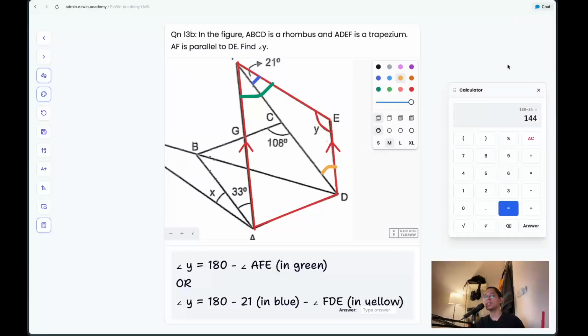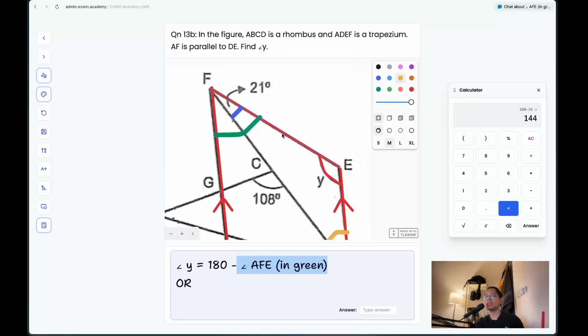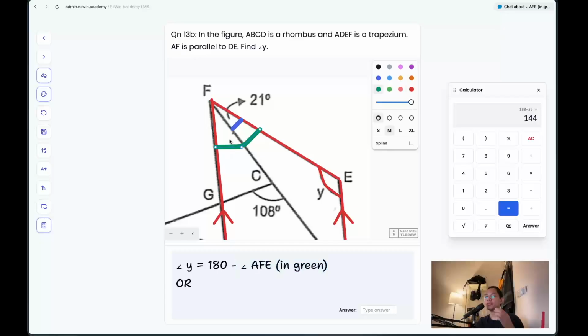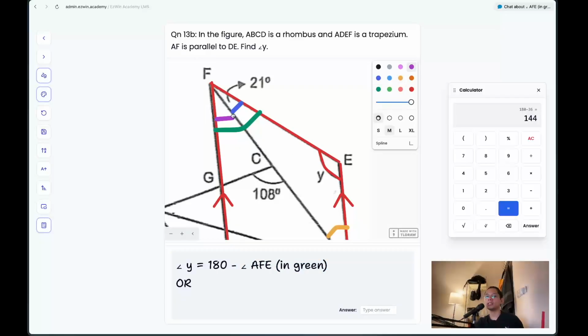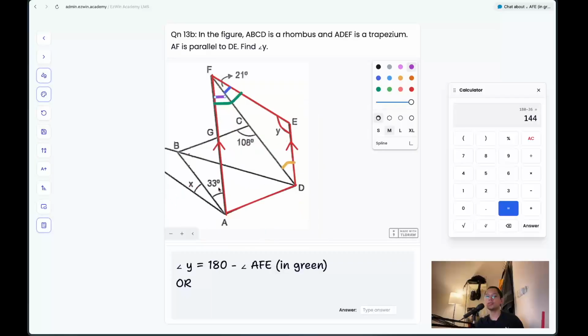So I would say the easier way to solve this is not using this second option, but this AFE in green. So how do we get angle AFE? What we need is another angle, which is angle GFC.